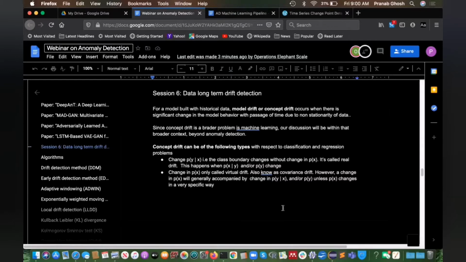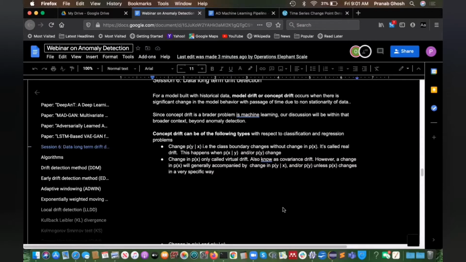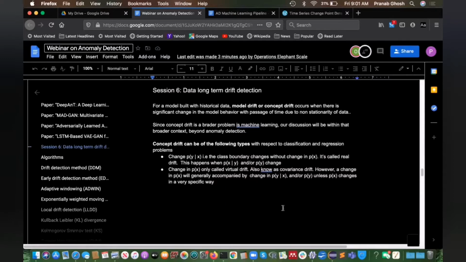So before we get to that, we need to go through some concepts and terminology regarding concept drift or data drift. Since this is a broader problem, beyond what our interest is, which is anomaly detection, we'll be discussing it within that broader context of machine learning.